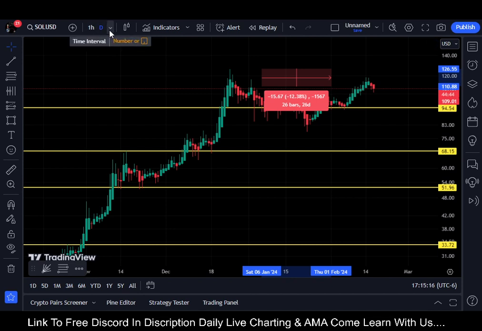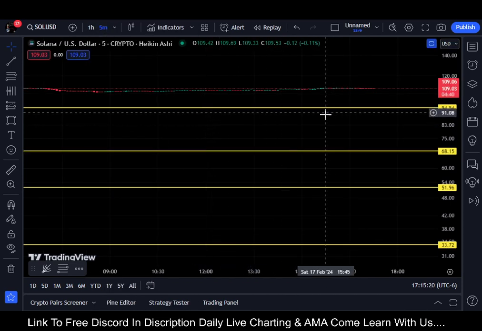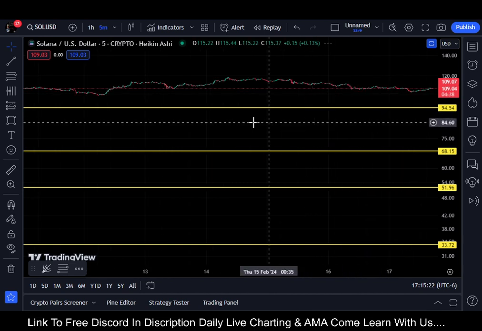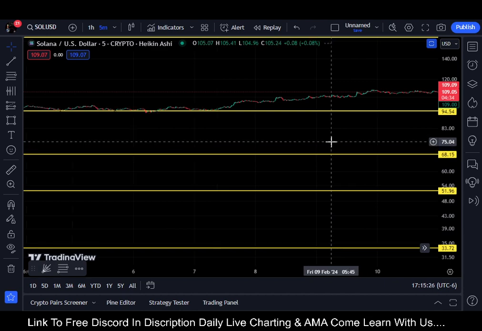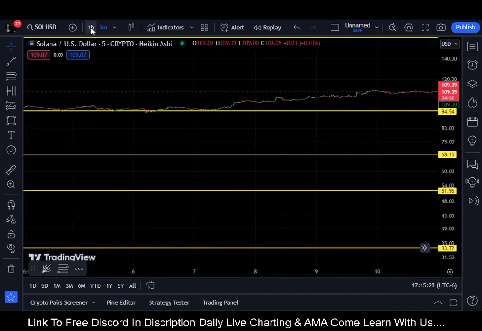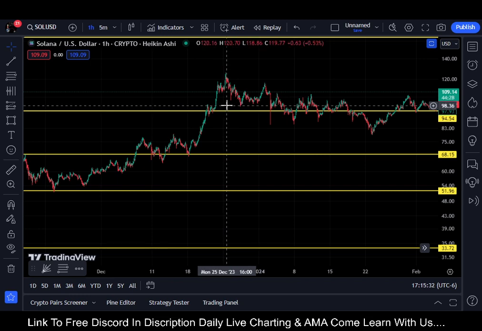And now we're going to come down to a much smaller time frame so we can see what's going on there, because we can't see that on the daily. Oh, now we can't see our high. Let's go to the hourly. There we go. So here's our high of 126.15.